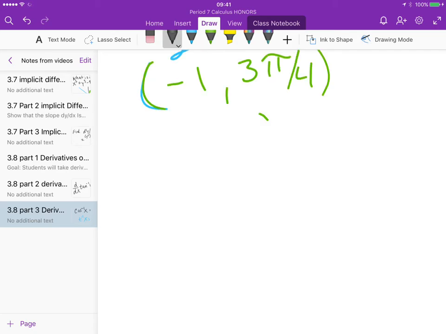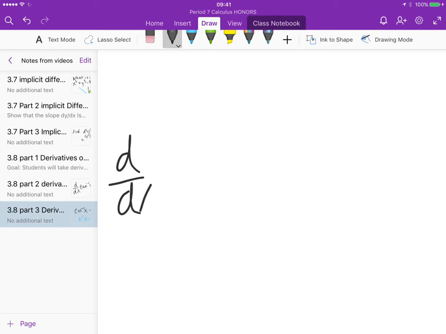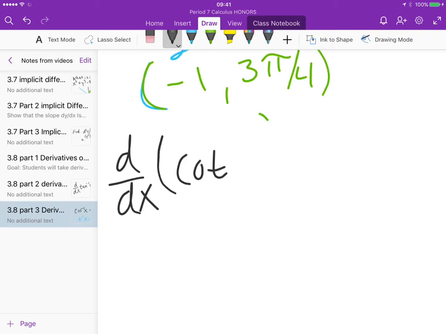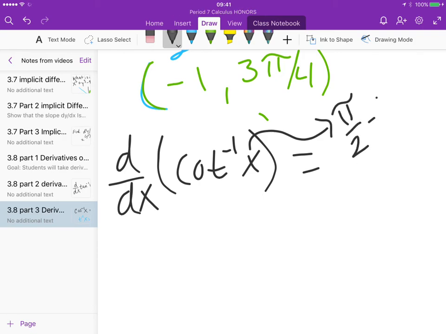So next, we need to find d/dx of cotangent inverse of x. In doing so, I want to utilize the fact that this is pi halves minus tangent inverse of x. Why? Because I already know the formula for tangent inverse of x. I don't want to learn a new one for cotangent inverse of x.